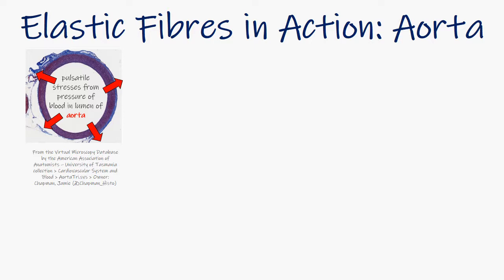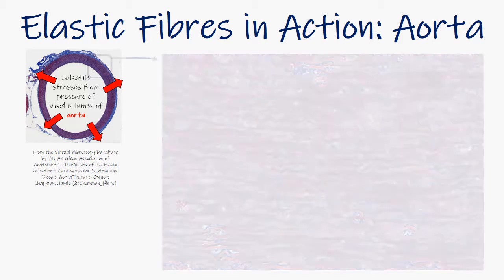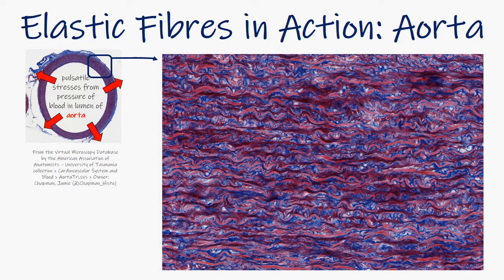Shown here in this beautiful micrograph is a high-power view of part of the wall of a relaxed aorta. I hope that you can clearly appreciate the condensed, squiggly appearance of the elastic fibers, which appear pink in this section.